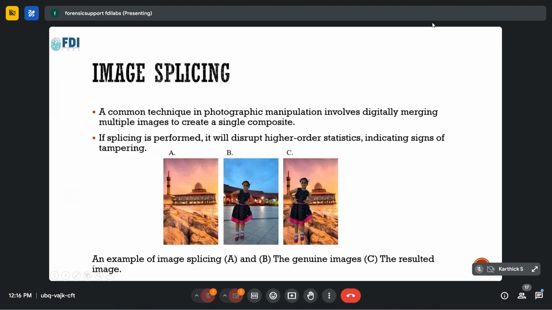So this is called image splicing because it is merging multiple images into one image, and it gives the resulted image. You can see the genuine images and the altered image. So image splicing gives a new type of content, a new image, to that particular tampering that has been done.